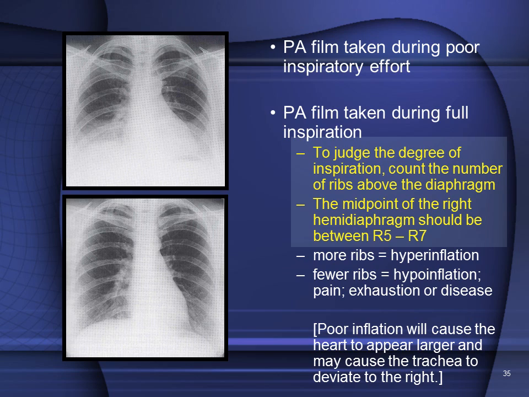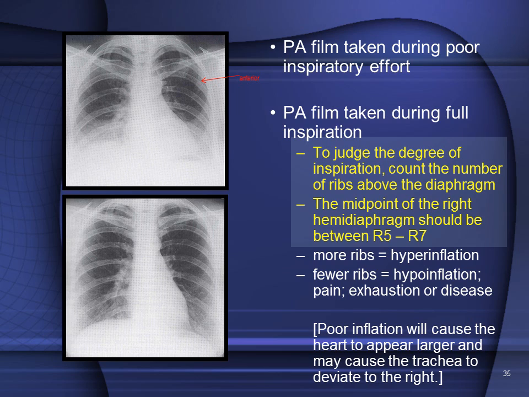If a patient is underinflated or hypoinflated, then this will also cause the cardiac silhouette to appear larger and may also cause the trachea to deviate to the right. This is the anterior aspect or component of the rib that's used if you're counting between 5 and 7 ribs that should appear over the midpoint of the right hemidiaphragm.